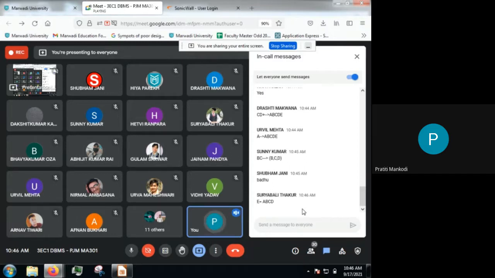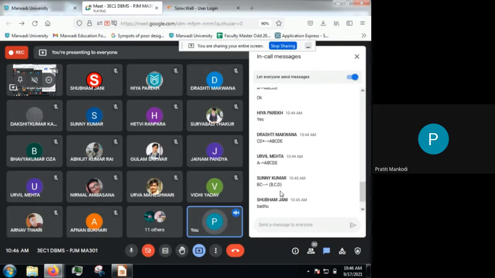E is A, B, C, D. Where is E? In the closure of E, E will always come. Suryabali, in the closure of E, E will come. So again your answer will be A, B, C, D, E. So who has not given the answer so far? Dakshit.